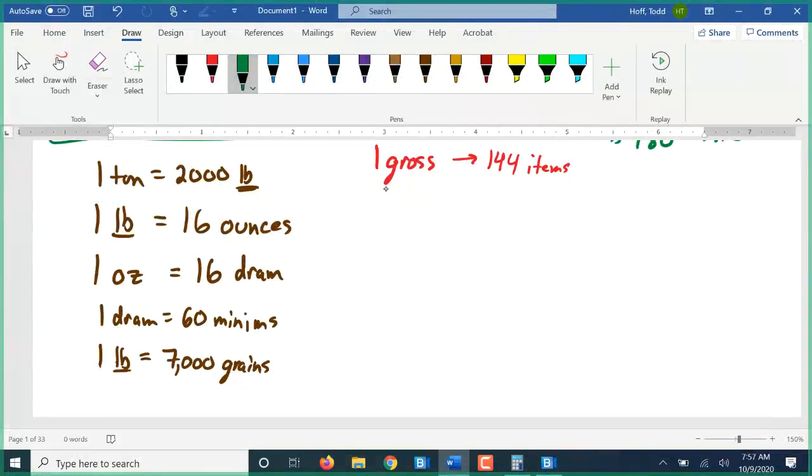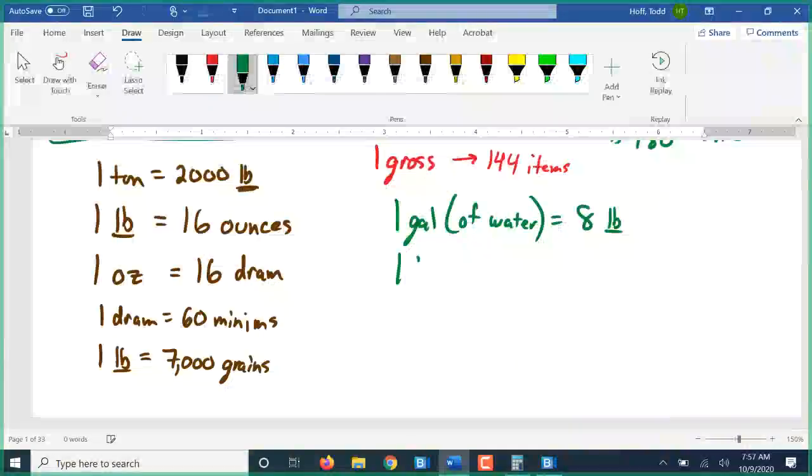Some conversions we have. 1 gallon, we should specify, of water is 8 pounds. 1 fluid ounce of water is not quite exactly, but really, really close to 1 ounce.